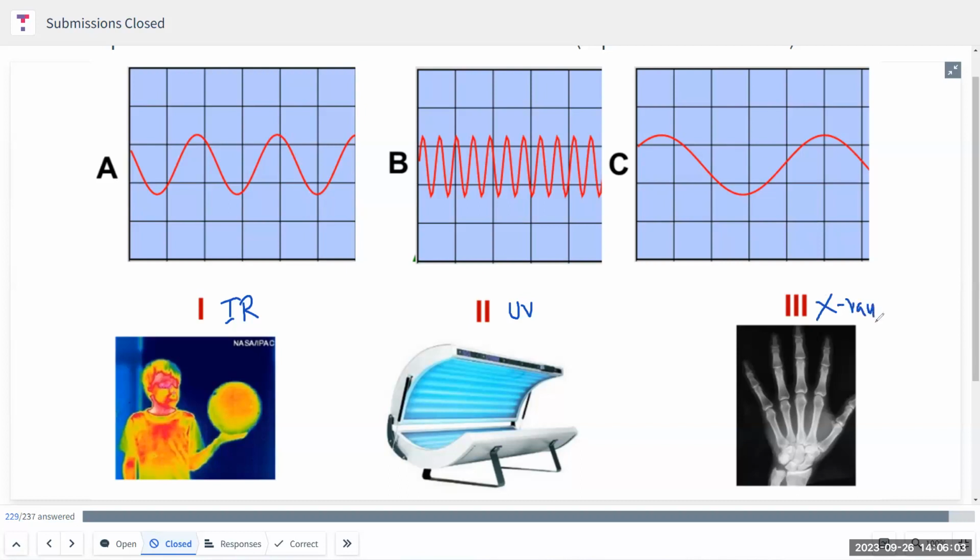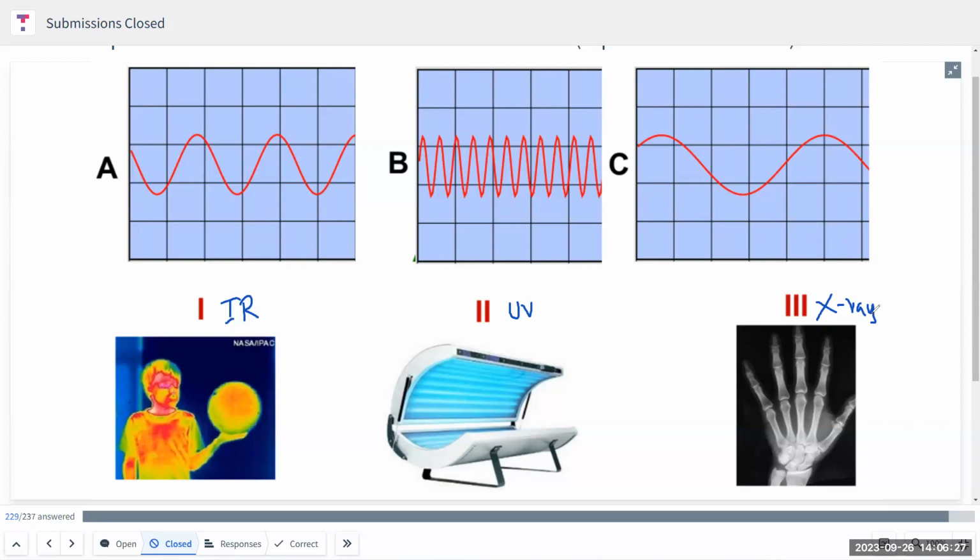Okay. Now, the question is the wavelengths of this, because wavelengths are related to the energy of this radiation. Out of these three radiations, which has the highest energy? IR, UV, or X-ray? Yeah, X-ray has the highest energy.